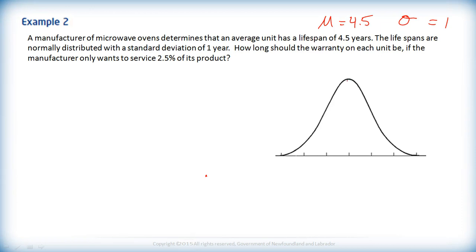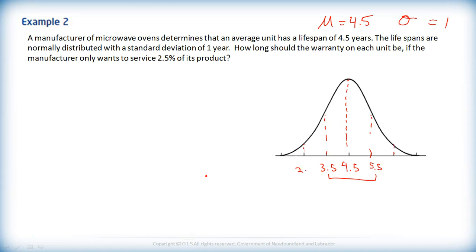That's tricky. Let's see. Right down the middle, I got 4.5 years as the average lifespan of one of these things. And then every standard deviation is just 1 year in difference. So this is going to be 3.5 years up to 5.5 years. So we have about 68% of our data. So 68% of our microwaves will last between 3.5 and 5.5 years.